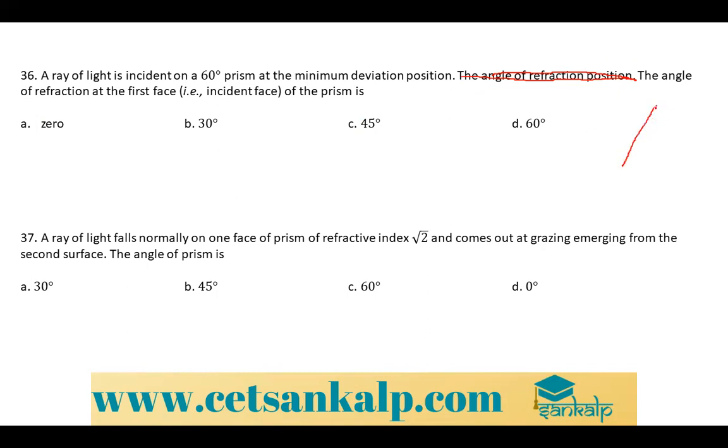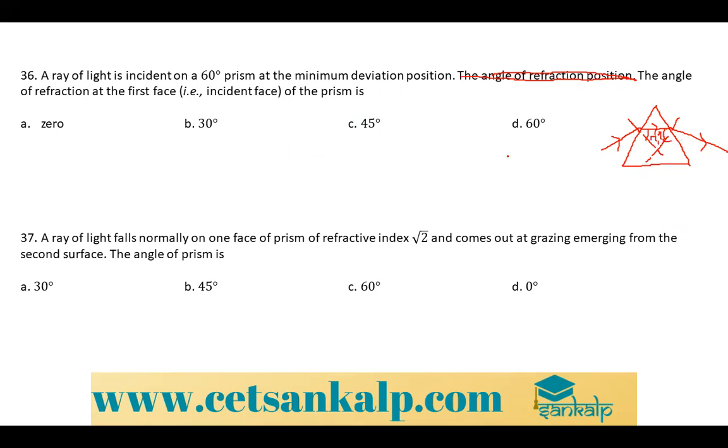So there is a prism. The ray passes and refracts, again it comes out. There is a normal drawn. So the ray enters. Correct? This is R1, this is R2.